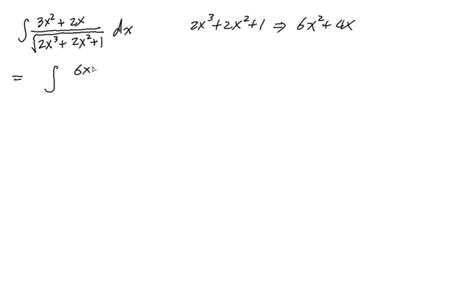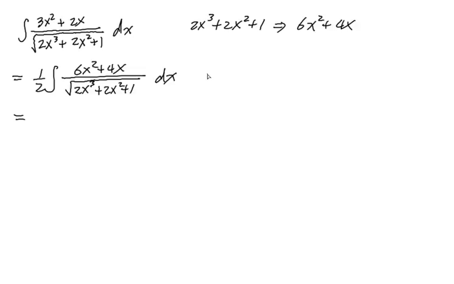So you can just replace the numerator with 1/2 of that, which is the same as 3x squared plus 2x, and we're just going to keep the denominator, right, and then we apply the chain rule. So basically this is a minus 1/2 power.